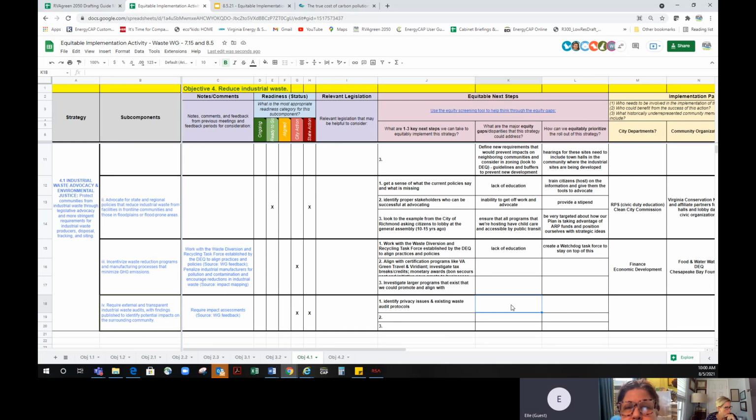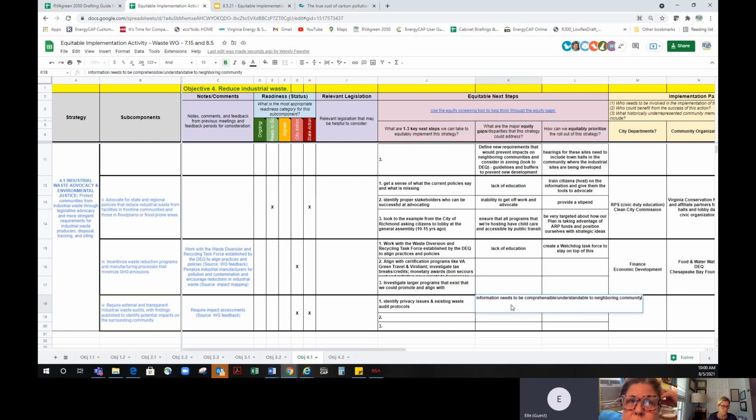Maybe making sure that information is comprehensive and understandable, because if they're publishing audits and it still doesn't make sense to most normal people, then what good is the audit? That's a great point. So maybe hosting little info sessions post audit. This is what it means.